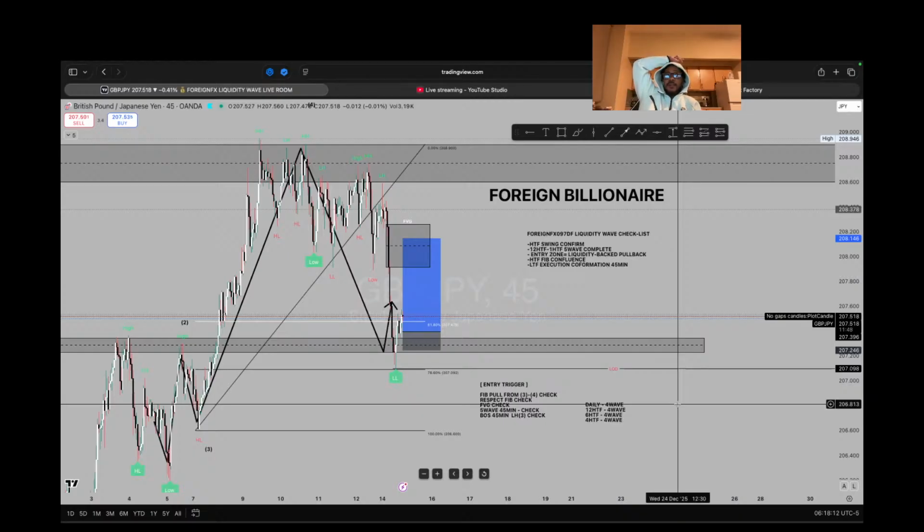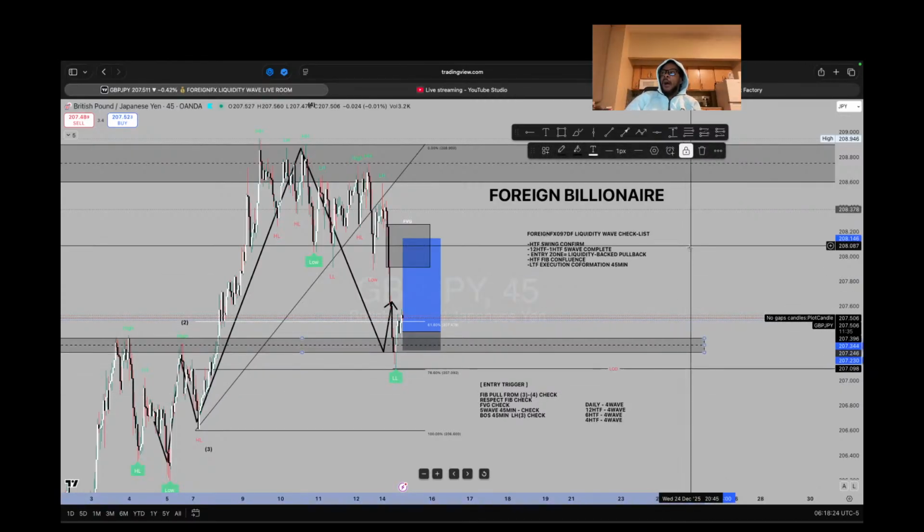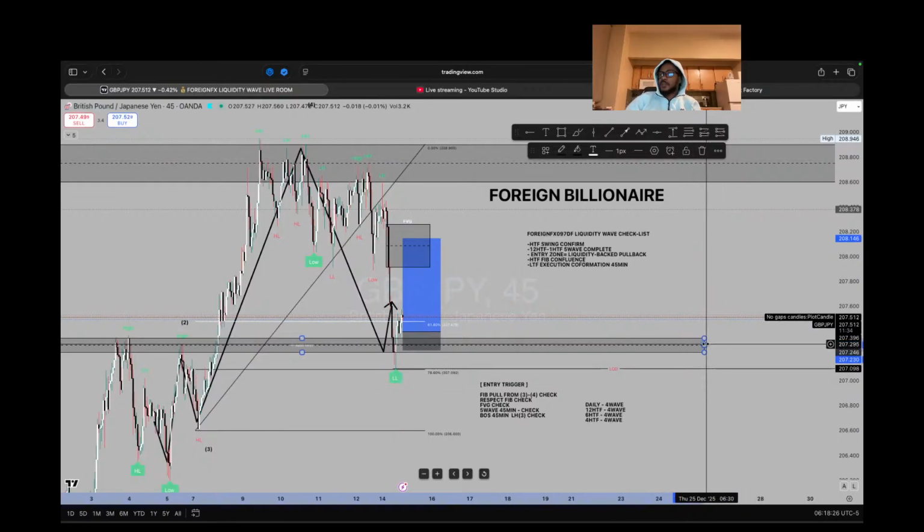But right now is ass. There's no volume. No volume within the market.